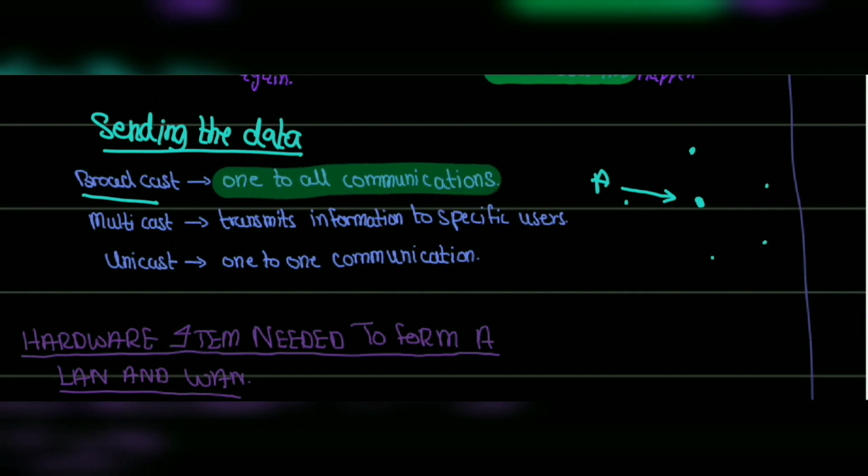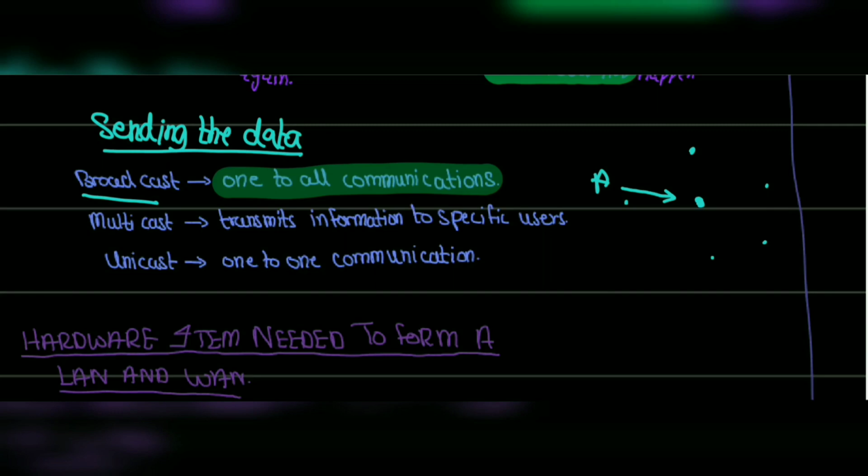Multicast means trying to send the data to specific users, which means it knows who to send to. Let's say computer A wants to transfer data to computer B. That data will go to a switch.